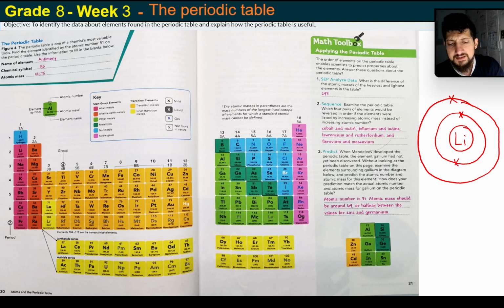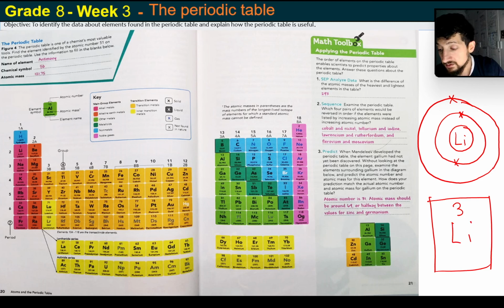Well, let's look at lithium as an element. Lithium has 3 protons. It's got Li as a chemical symbol, and it's got 7 as a mass number, or AMU. So what does that mean? It's got 3 protons. If it's got 3 protons, how many electrons does it have? Most of you should know this by now.